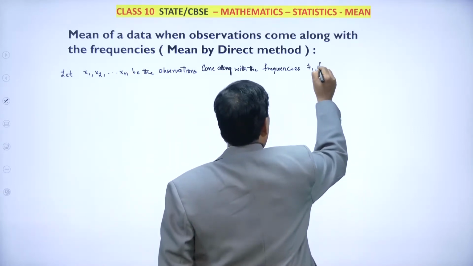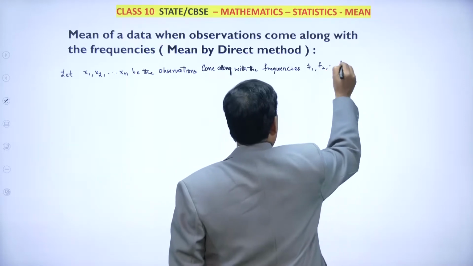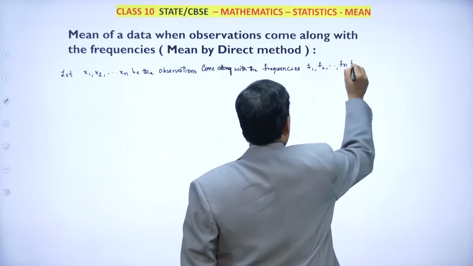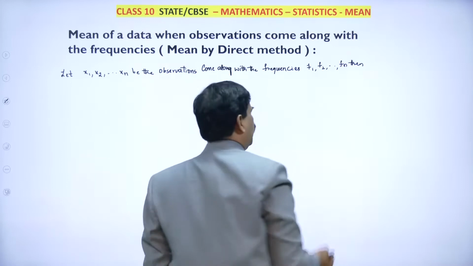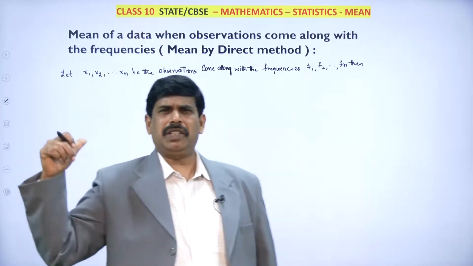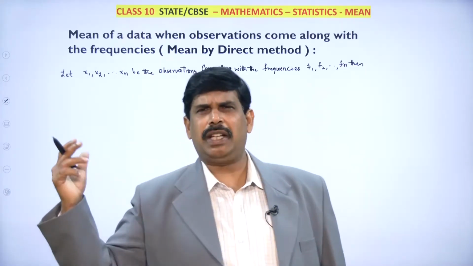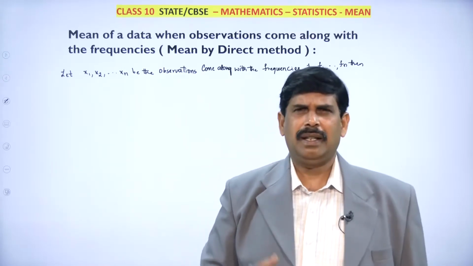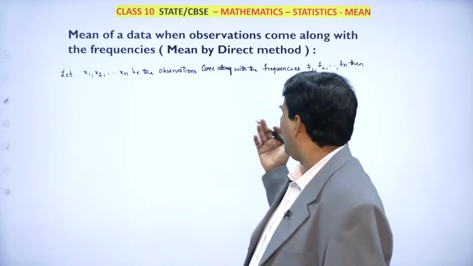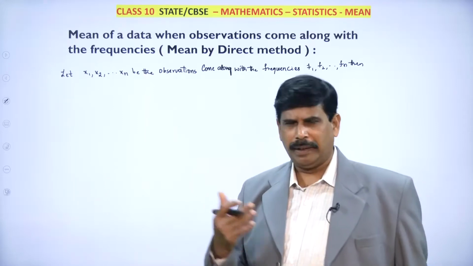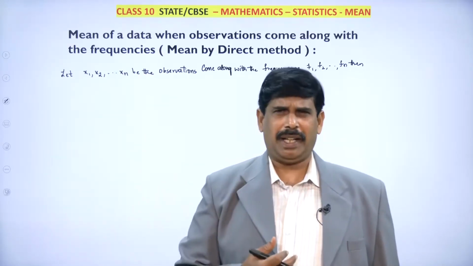f1, f2, so on fn. Then see, the observations are x1, x2, x3, so on xn, and the frequencies are f1, f2, so on fn. The frequencies are like that.